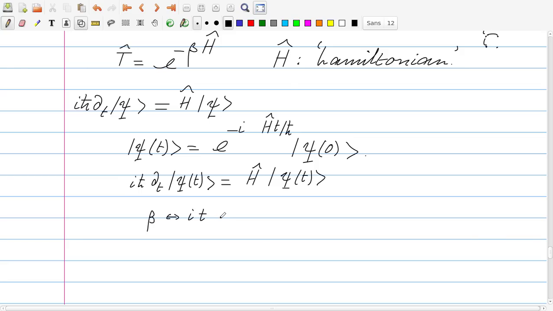And indeed, this is a very fruitful correspondence, especially because instead of finding the largest eigenvalue of T, we could equivalently find the lowest eigenvalue of H.